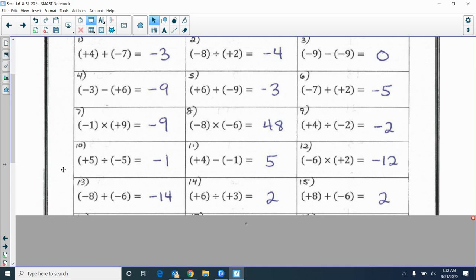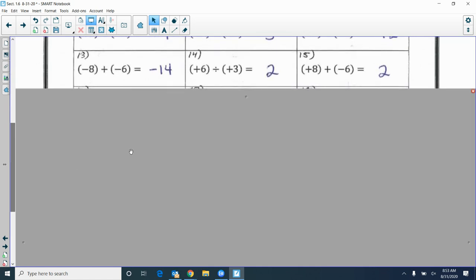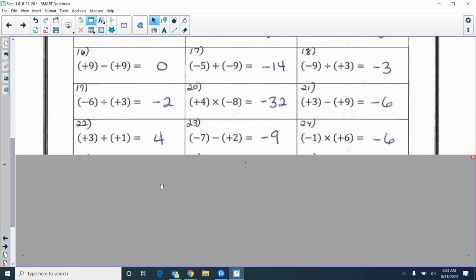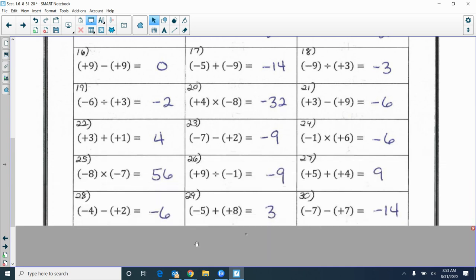Number 4 is -9, number 5, -3, 6, -5, 7, -9, 8, 48, 9, -2, 10, -1, 11 is 5, 12, -12, 13 is -14, 14 is +2, 15 is +2. 16 is 0, 17 is negative 14. 18 is negative 3. 19 is negative 2. 20 is negative 32. 21 is negative 6. 22, 4.